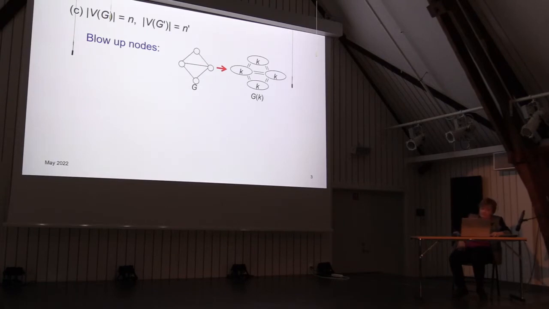You see it on the picture. This way we can compute the cut distance of G and G prime, and the cut distance will be the limit when k goes to infinity of this cut distance.